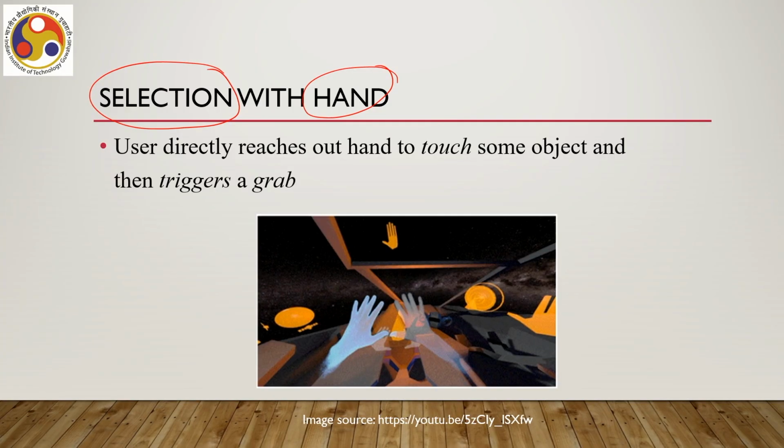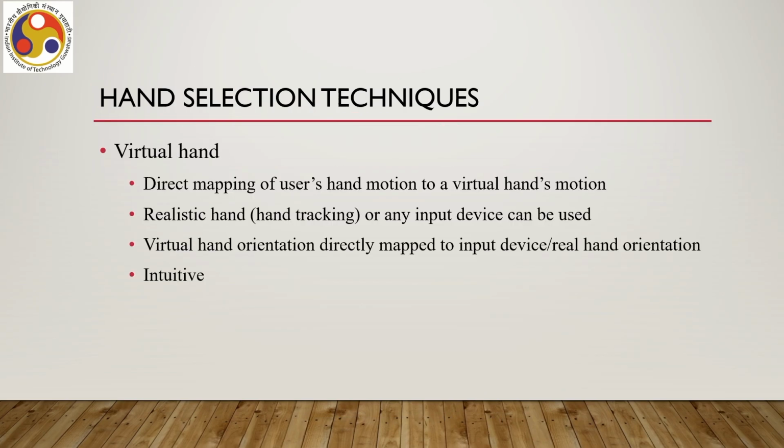Now, in selection with hand, the user directly reaches out his or her hand to virtually touch some object and then triggers a grab. Essentially that means selecting the object. The most simple intuitive hand selection technique is with the help of a virtual hand. You can think of it as an avatar of the physical hand which is visible in the virtual world.